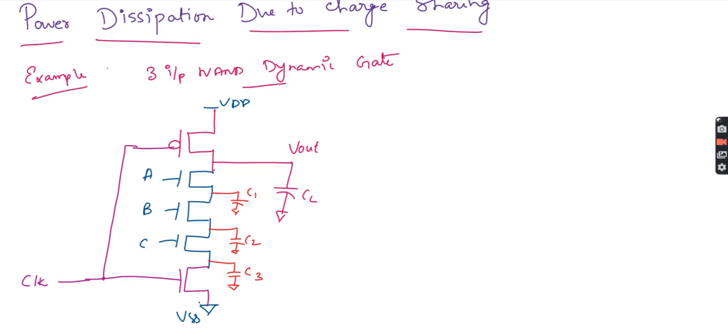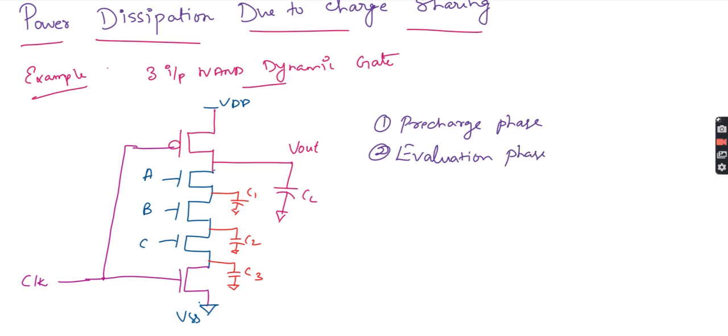Okay, so now let us see the operation here. It's a dynamic gate, so I can say 2 modes of operation. The first phase is the pre-charge phase. The second one is the evaluation phase.